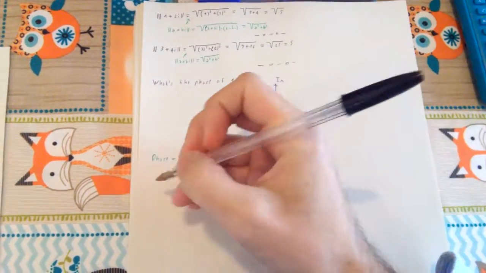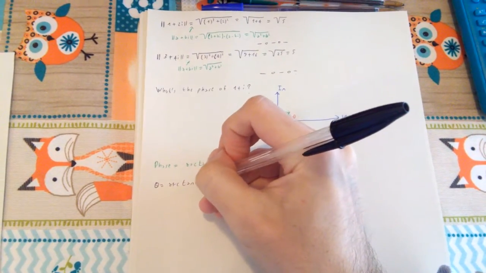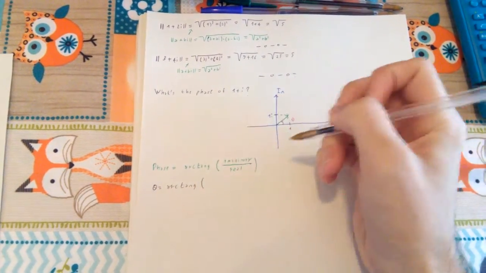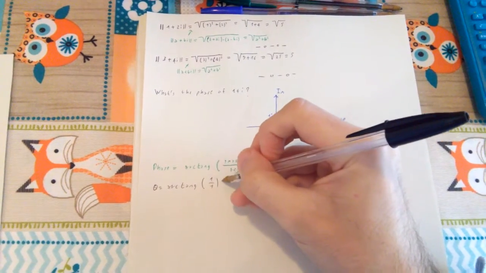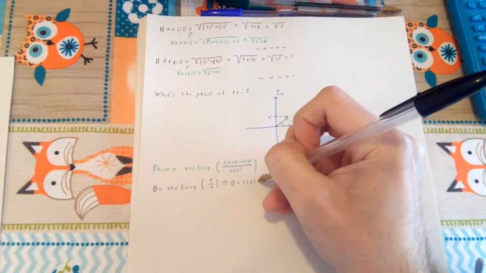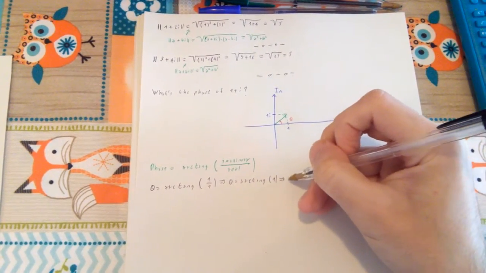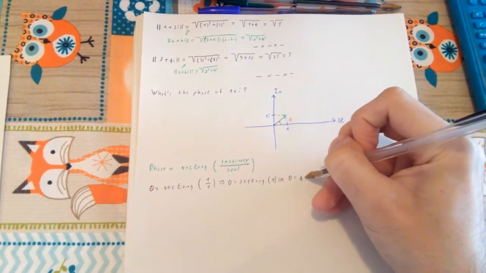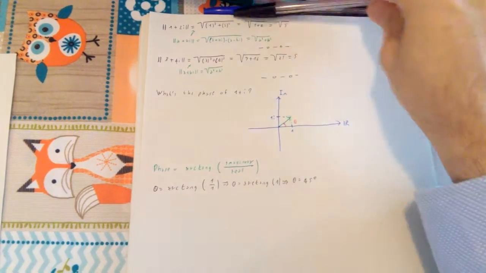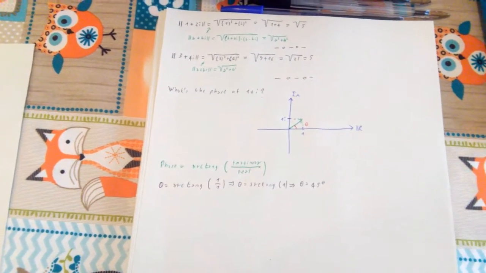So, in this case, theta will be the arc tangent of 1 over 1. So basically, theta will be the arc tangent of 1. So theta is just 45 degrees. So the angle we found is just 45 degrees.